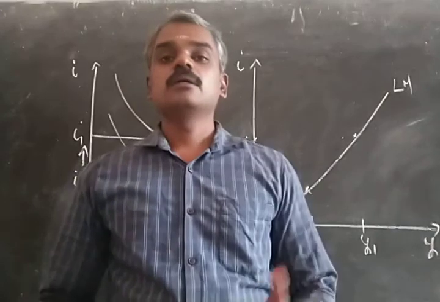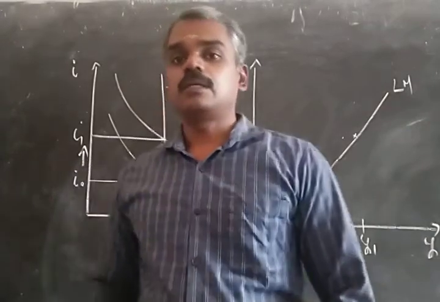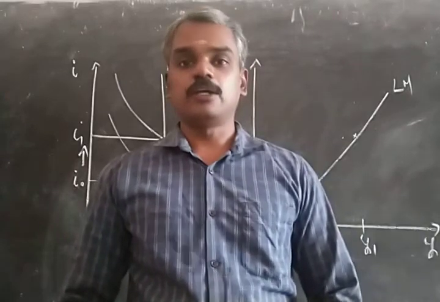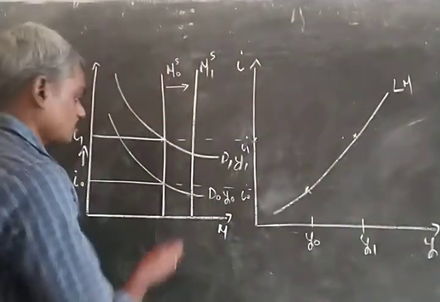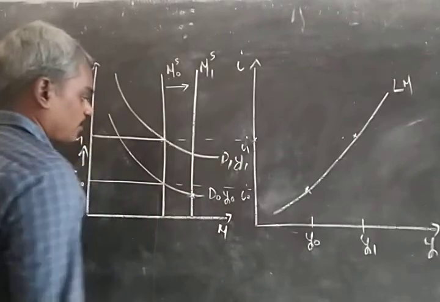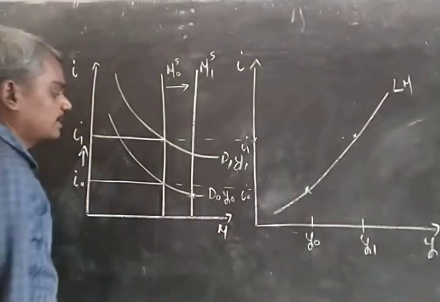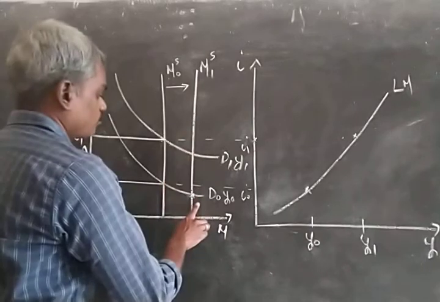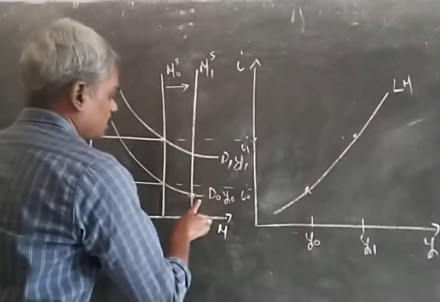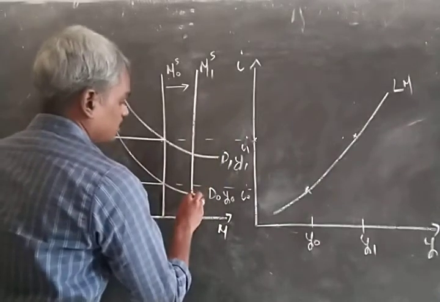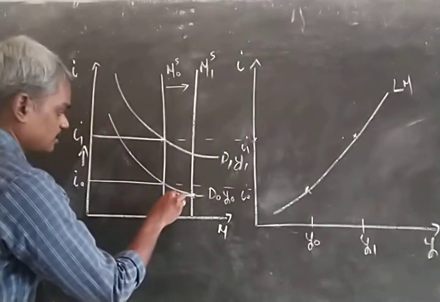So demand for money has to increase, and if demand for money has to increase, the rate of interest has to fall. So the new equilibrium will be this point. Income has not changed. Why not? Only the stock of money has changed. Demand for money and supply of money will be equal to each other at this point.